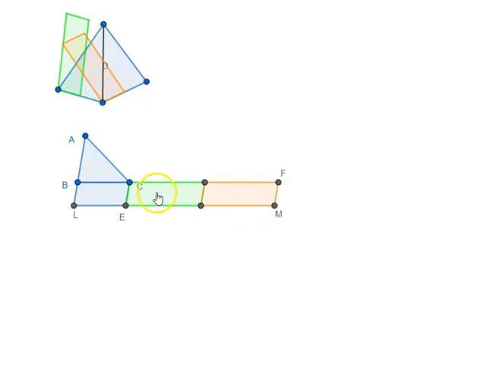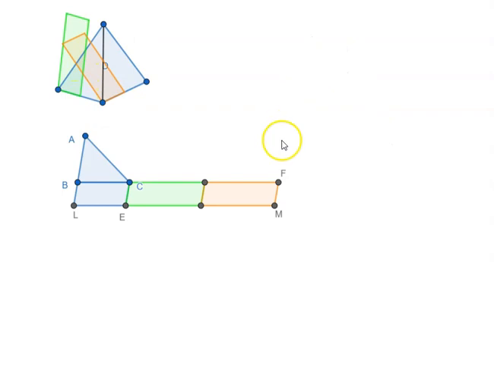So we have created a parallelogram BE equal to ABC. We have created a parallelogram CM which is equal to the area of this complete figure.